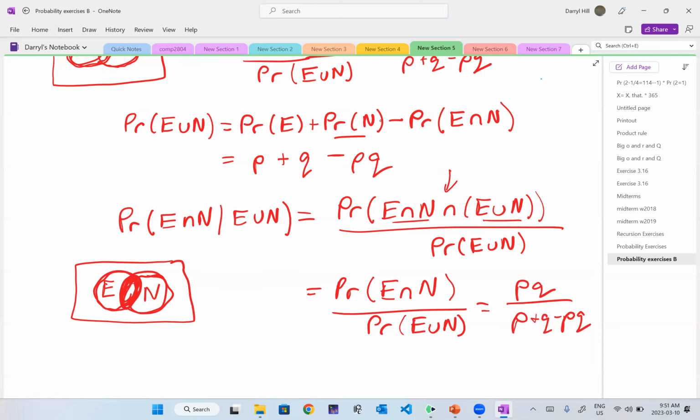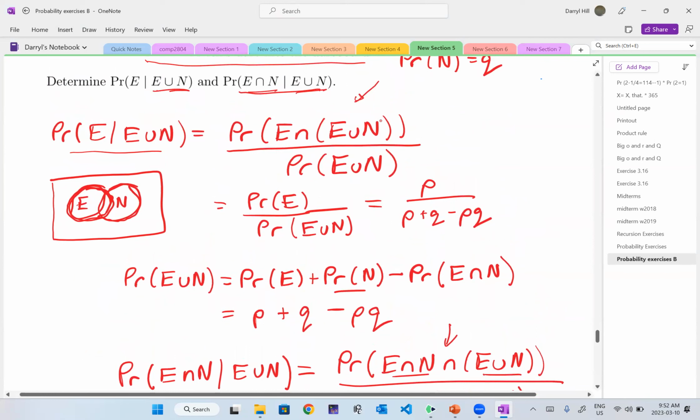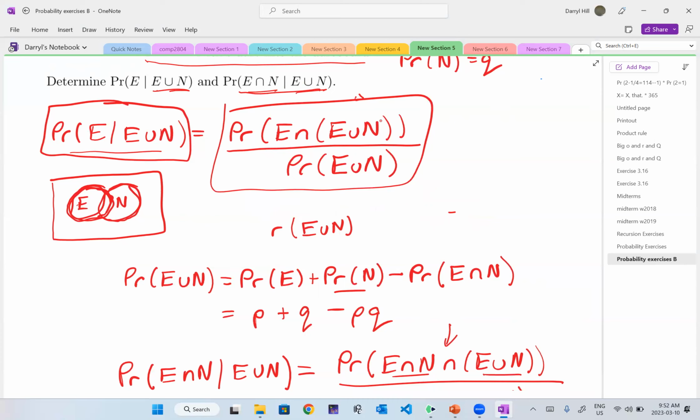Okay, so the question was, how did we come up with this formula, right? So how did we get from this guy to this guy? I just use my definition of conditional probability.